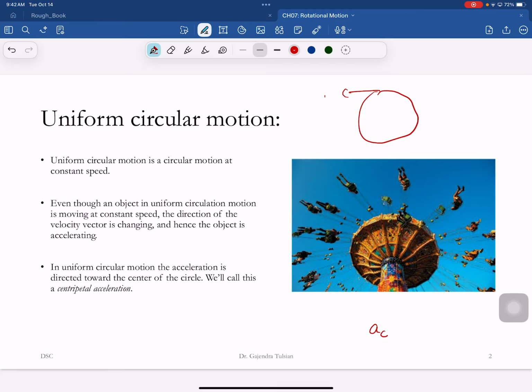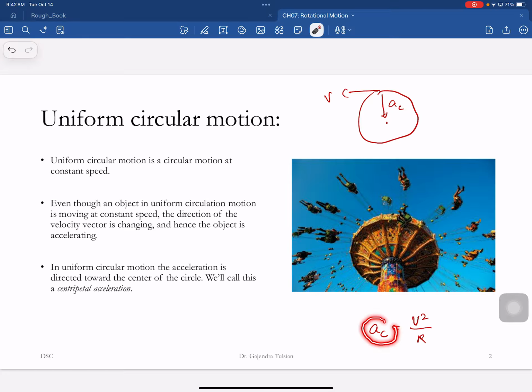Why is it called a centripetal acceleration? Because the acceleration is pointing towards the center of the circle. And the magnitude of the acceleration is v squared by r. So the smaller the circle you're going in, the greater your acceleration. It's harder to go around in a small circle.